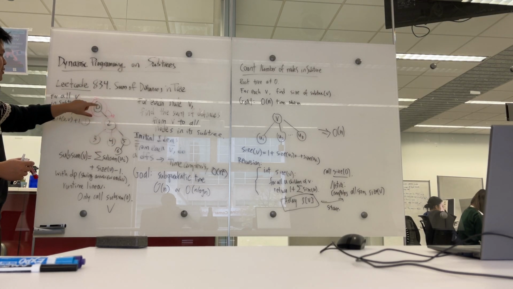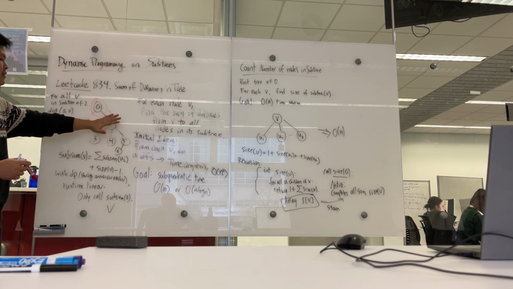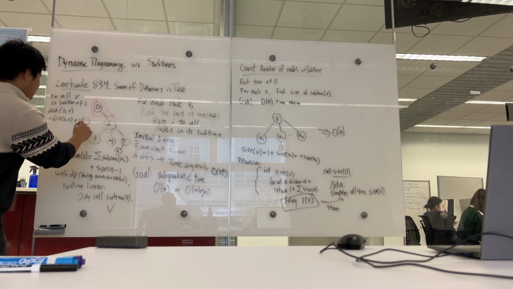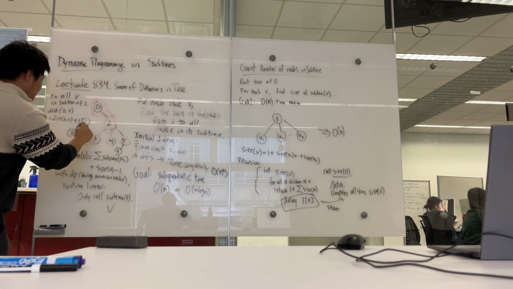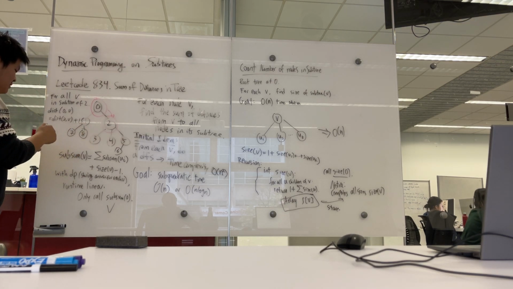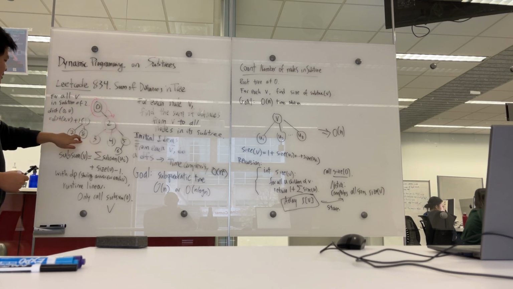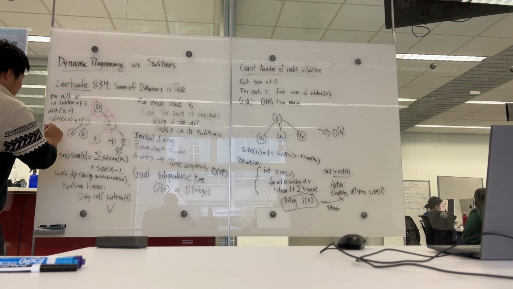What about the nodes that are not in the subtree of 2? I'm going to add a few more, let's say 7, 8. What happens to, say, the node 8? How does distance 0, 8 compare to the distance 2, 8?